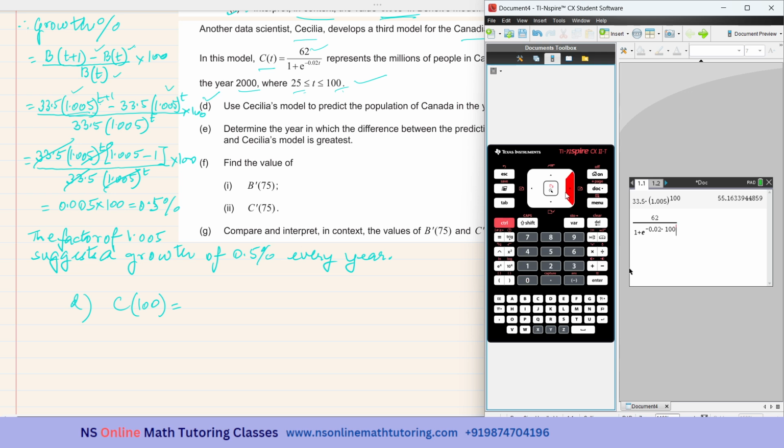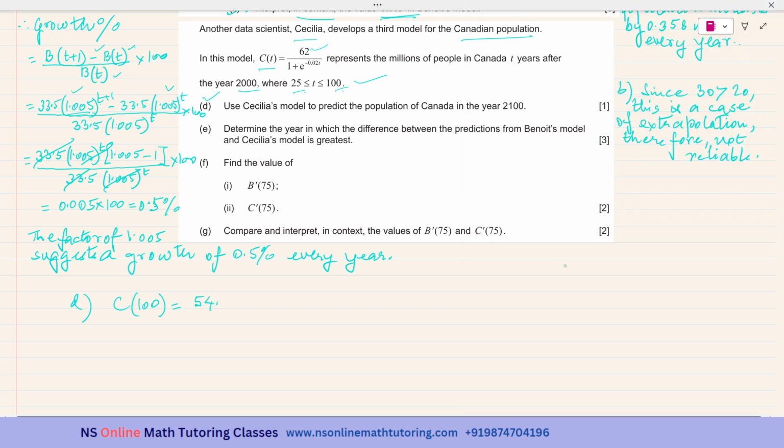Okay. 54.6 millions. So 54.6 million, correct to three significant figures.